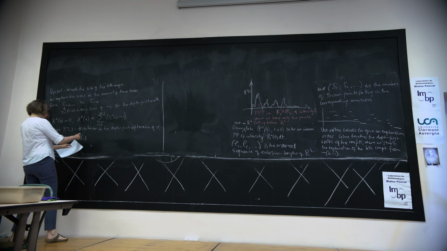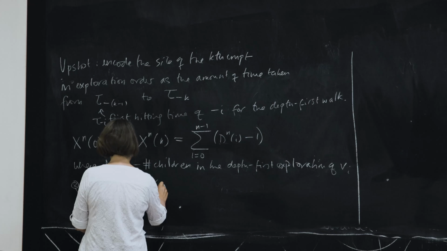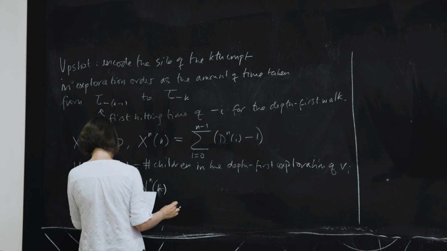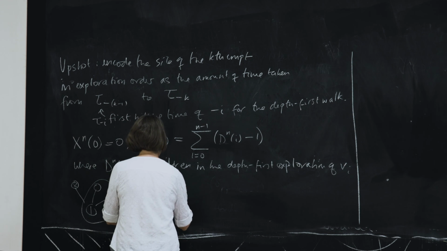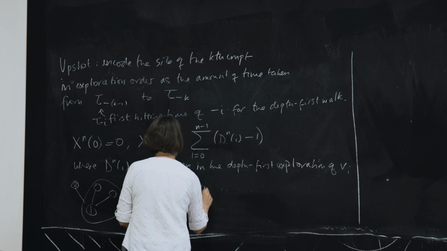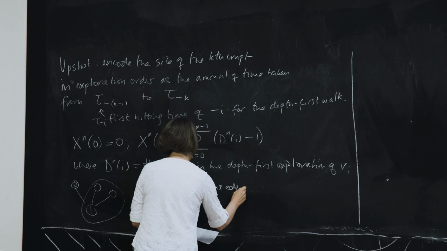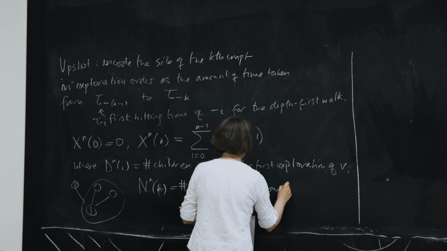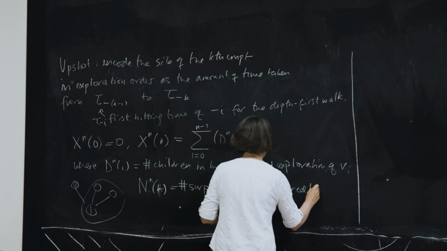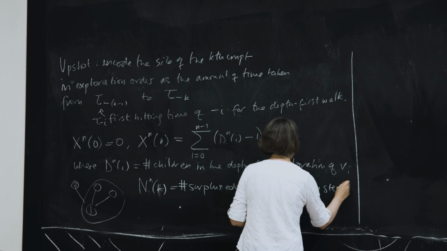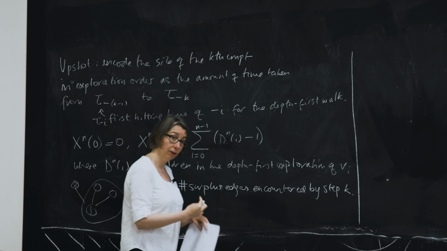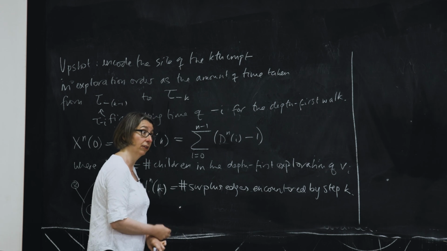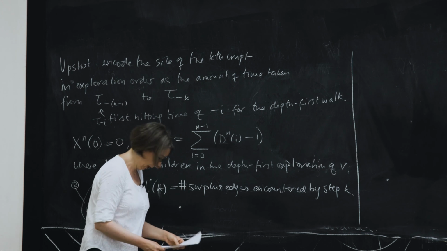So N^n(k), let's say, is the number of surplus edges encountered by step k. Okay, so at each step, I'm just adding on a new binomial number to this, okay, given what the stack is.